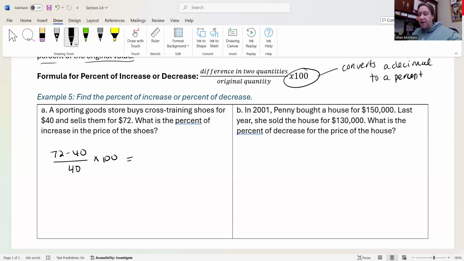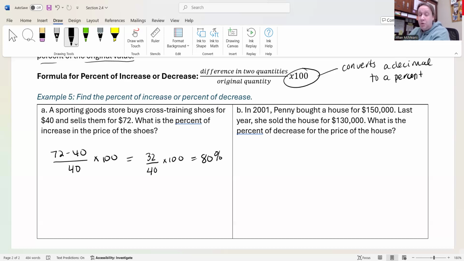Let's do a little work here. 72 minus 40 is 32, so we get 32 divided by 40 times 100. We can go to the calculator: 32 divided by 40 and then multiply by 100, and we get 80. It's not just plain old 80, it's 80%. You always want to describe your answer.